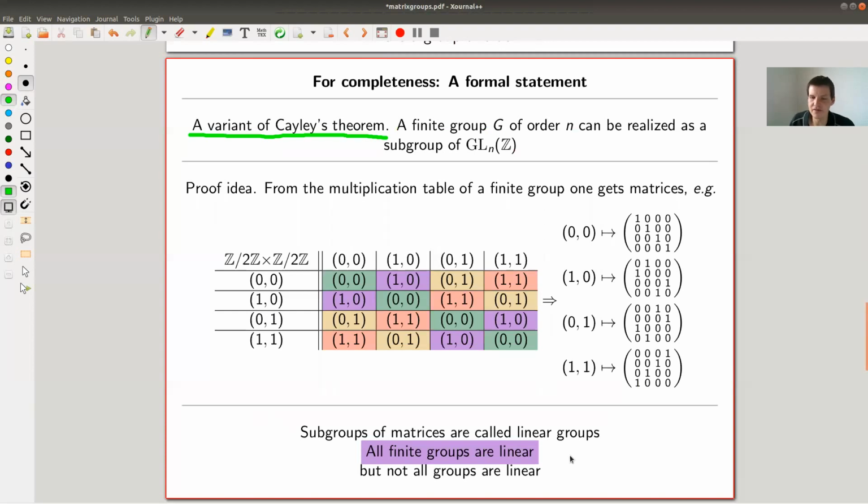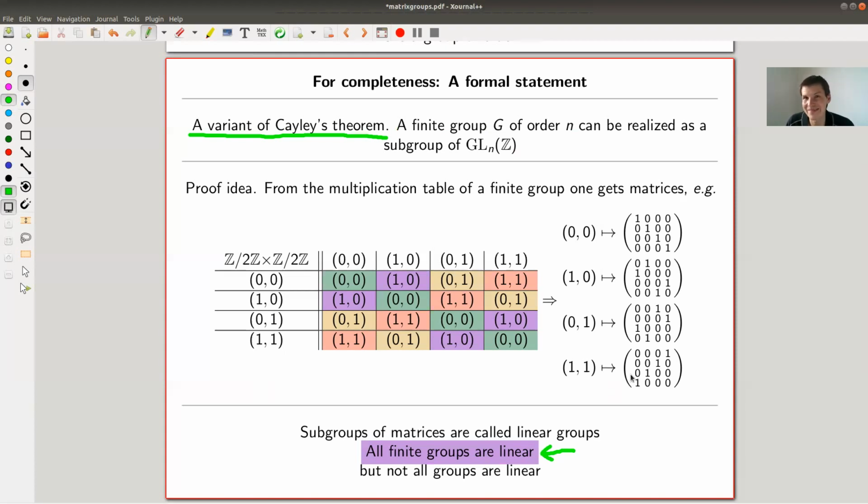This is usually called finite groups are linear. Linear is referring to it being a subgroup of matrices. That's not quite Cayley's theorem. Cayley's theorem is a little bit stronger. It would say not just of GL and Z, but actually of permutation matrices.